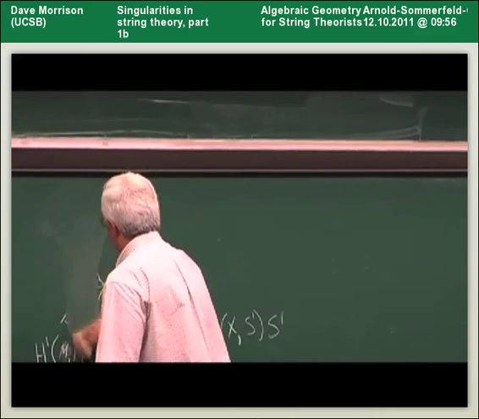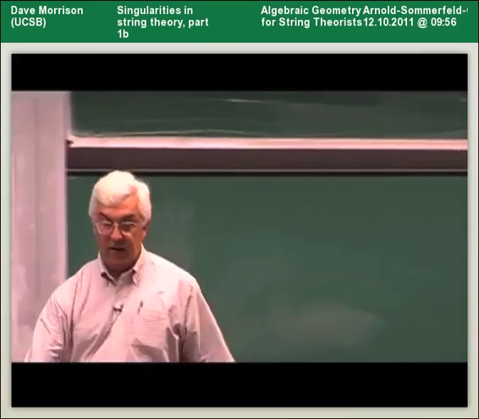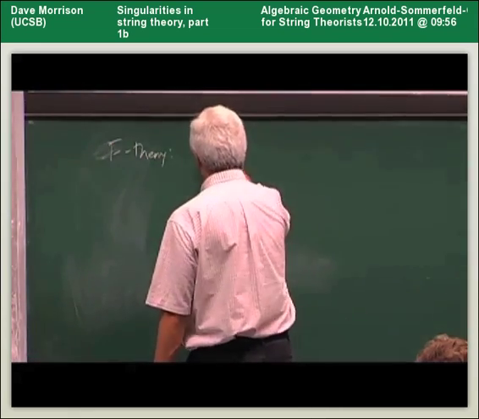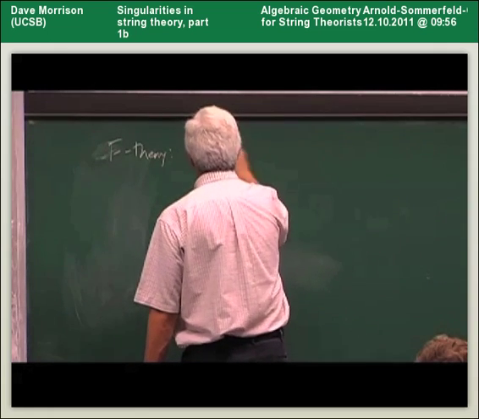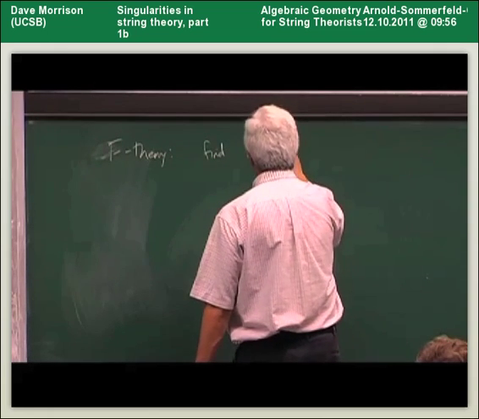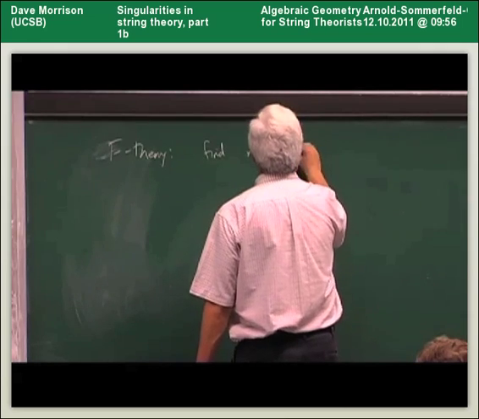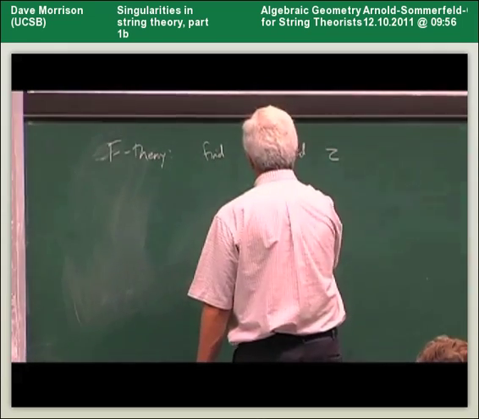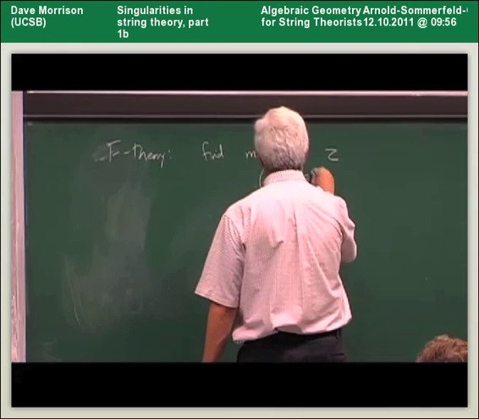So F theory is a way of exploiting these properties of the 2B theory to build string compactifications. So the F theory compactification, what I want to do is find a multi-valued function tau with an SL2Z symmetry.